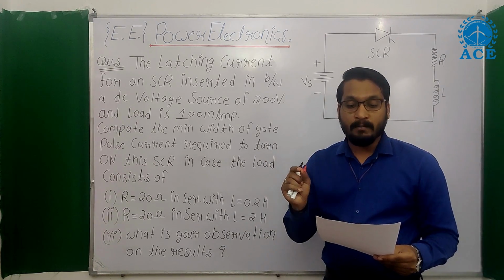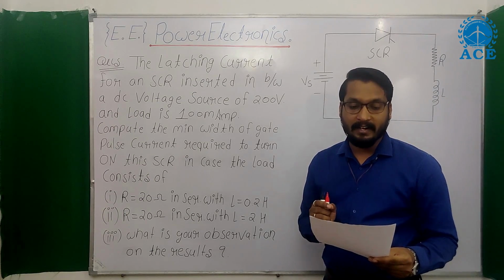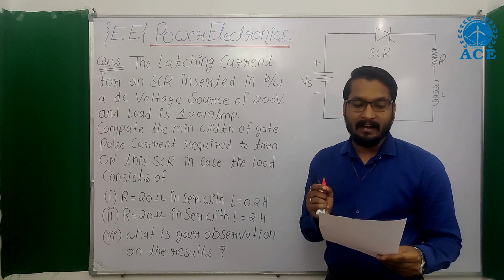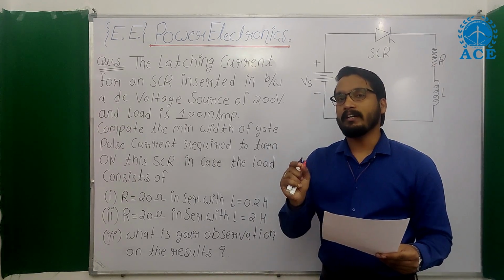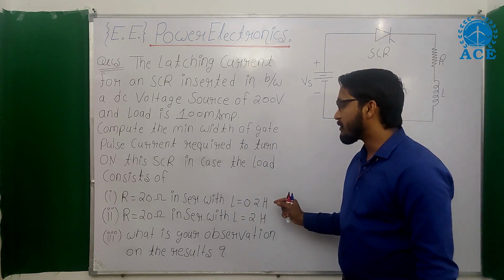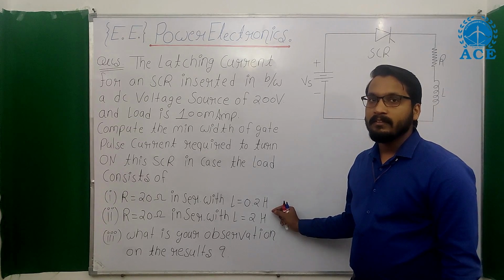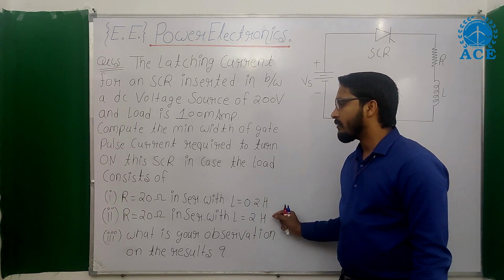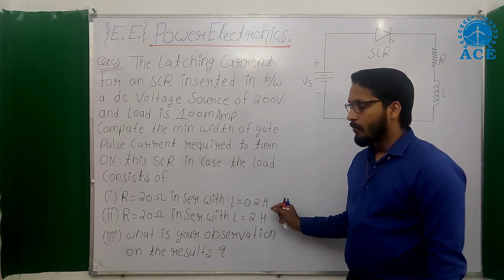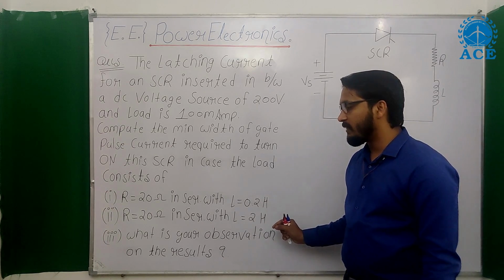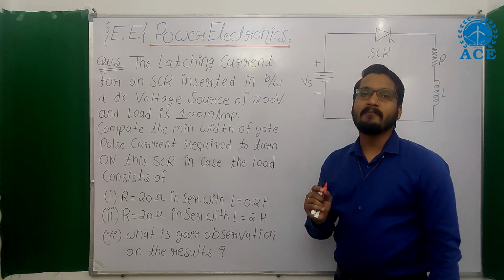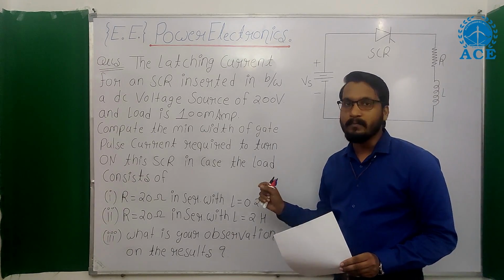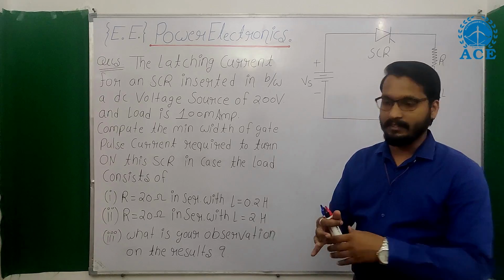Compute the minimum width of gate pulse current required to turn on this SCR in case the load consists of, first, a resistor and inductor with the values given by the examiner; second, a resistor and inductor where the inductor value is different; and third, we have to observe the result and conclude the concept from here. So let's start the discussion.